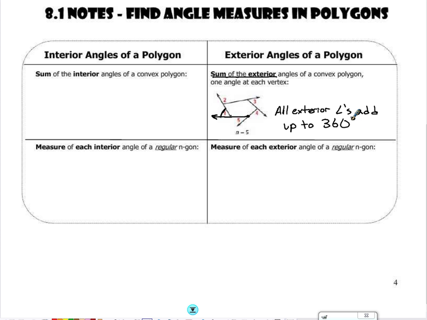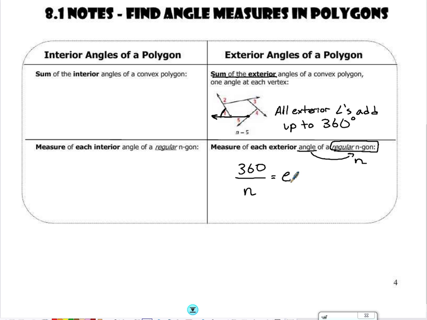Now, once I know that the sum of the exterior angles is 360 degrees, if I know that my polygon is a regular figure, that means that all of its angles are congruent to each other. So the number of angles is the same as the number of sides. When I take 360 and divide it by the number of sides, n, that gives me my equation for each exterior angle.